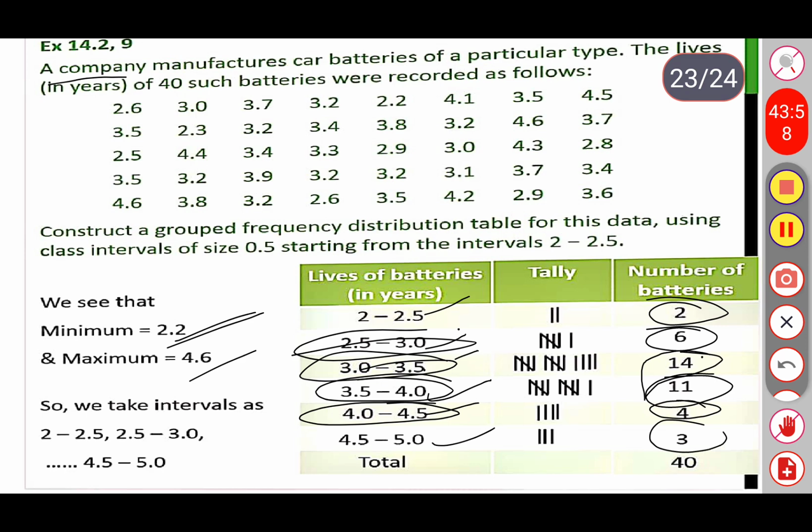Only 3 batteries have the highest lifespan, in the class interval 4.5 to 5 years.